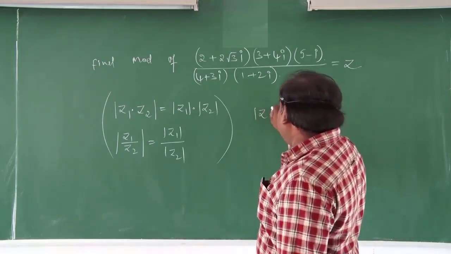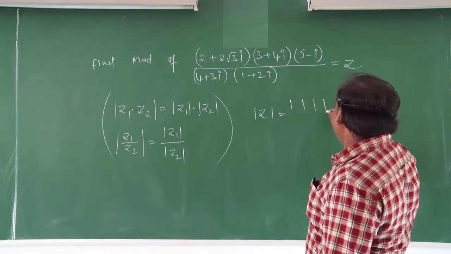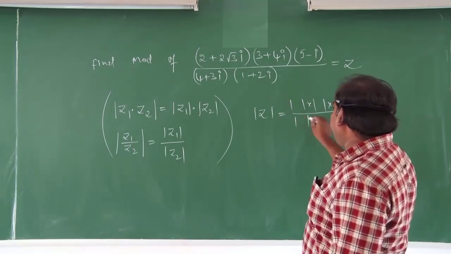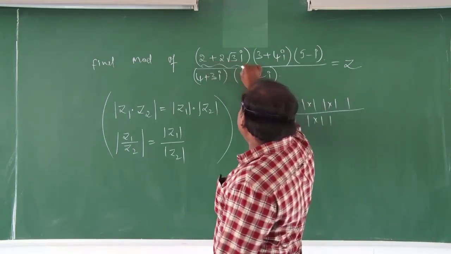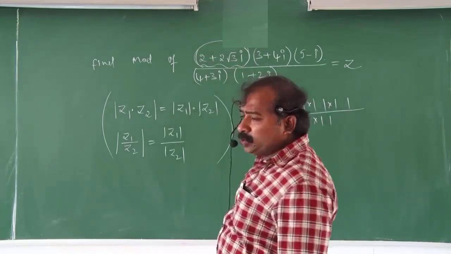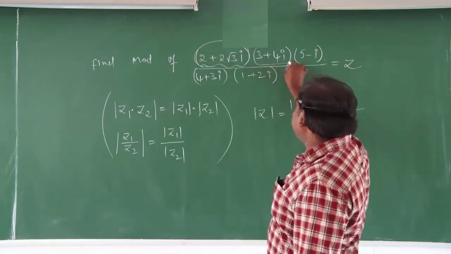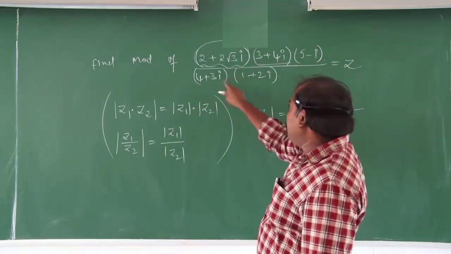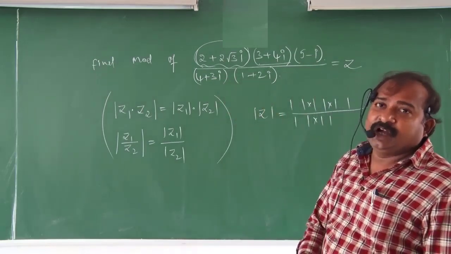Therefore, mod z is equal to mod of the first number into mod of the second number into mod of the third number by mod of the denominator value into mod of this value. Modulus means nothing but root of real part whole square plus imaginary part whole square. So root of 3 square plus 4 square, root of 5 square plus 1 square, root of 4 square plus 3 square, root of 1 square plus 2 square. Simplify, you will get the modulus of the complex number.